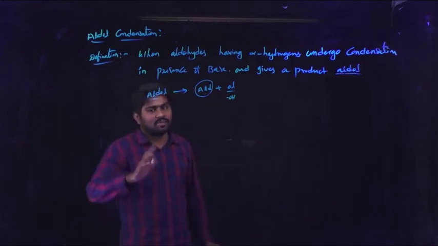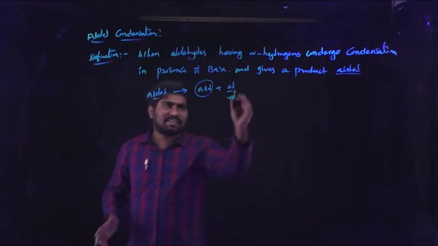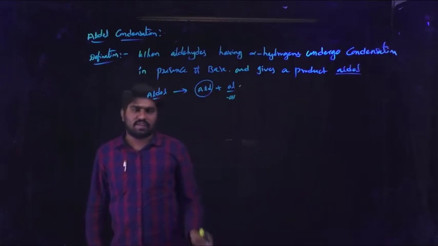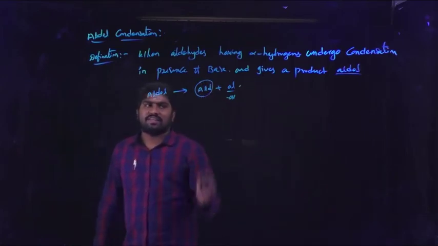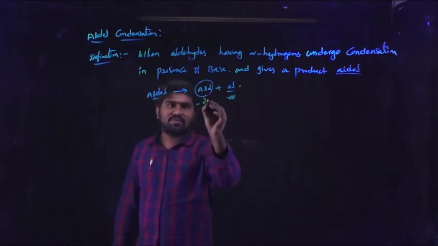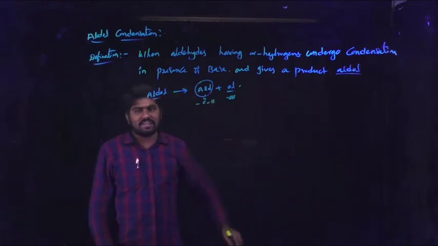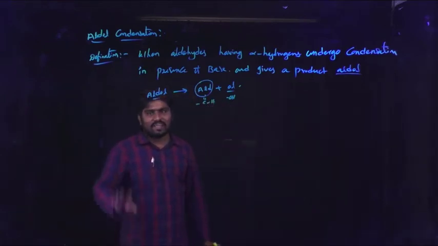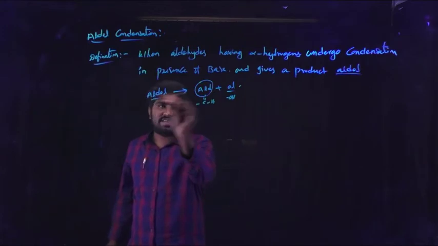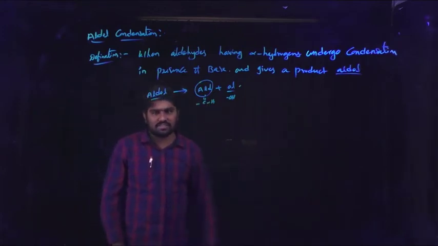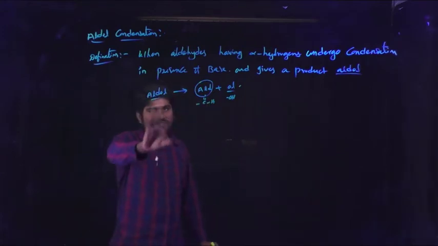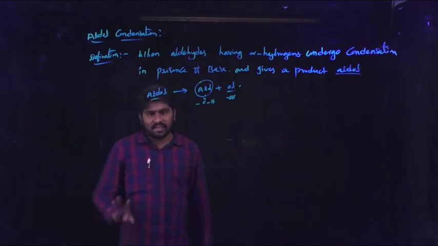If OH function is present, then it is called ol. If aldehyde is present, then it is C double bond O H. So the name is aldol. This is the brief introduction about the aldol condensation definition.